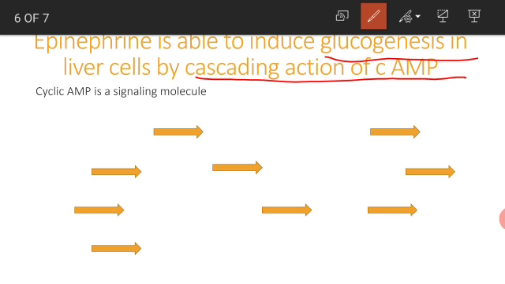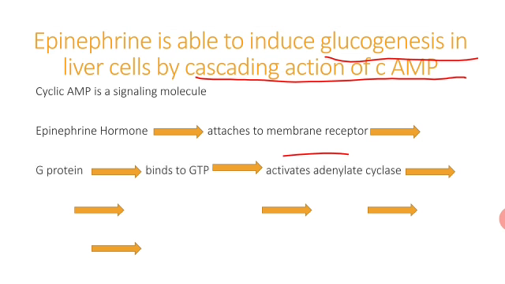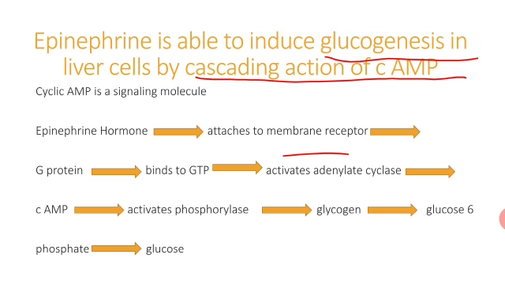Let us see the stepwise manner. The epinephrine hormone is released and it is attached to the membrane receptor, namely G protein, which binds to GTP, and now this GTP activates adenylate cyclase, which is responsible for the synthesis of cAMP, which in turn activates phosphorylase, and the phosphorylase enzyme converts glycogen into glucose 6 phosphate, and this glucose 6 phosphate is in turn transformed into glucose by the glucose 6 phosphatase enzyme.